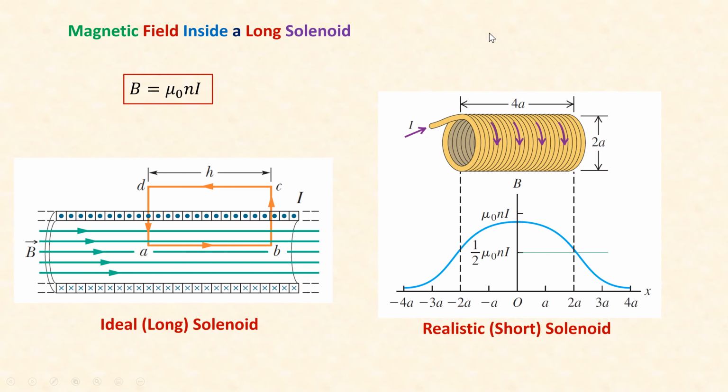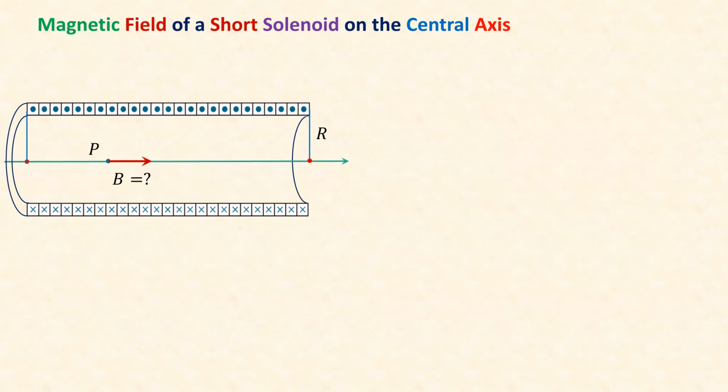All right, so the question is, what if the solenoid is not ideal? The answer to this question, I haven't seen personally in any books, but I want to actually derive it here. Suppose you have a short solenoid like this, instead of an infinitely long one. And this is the cross section.